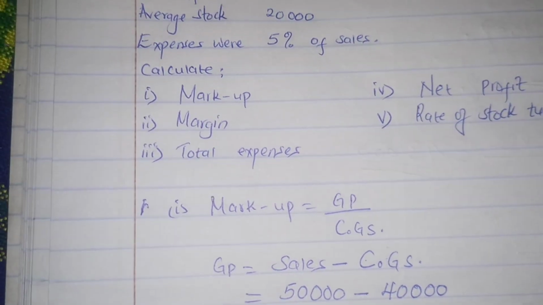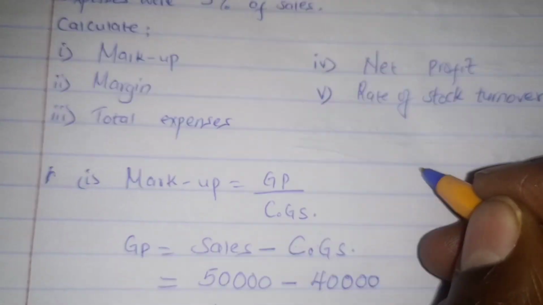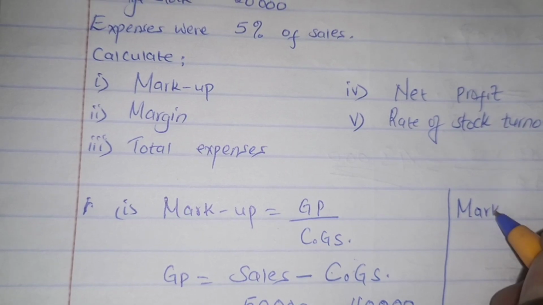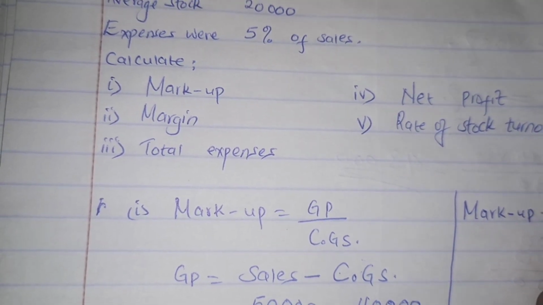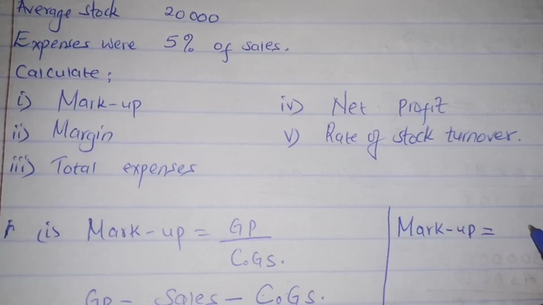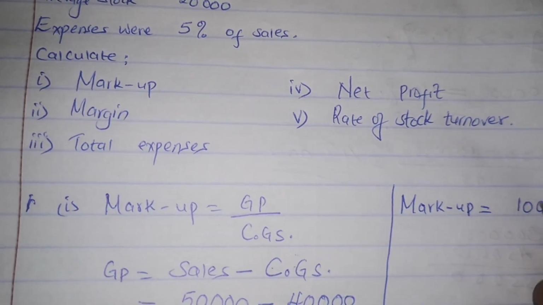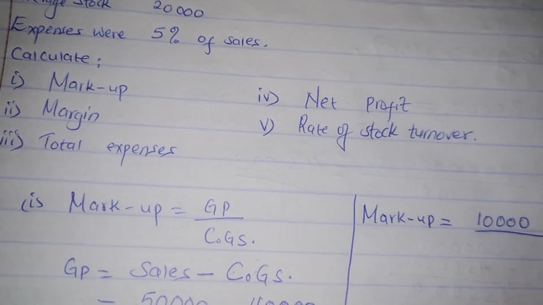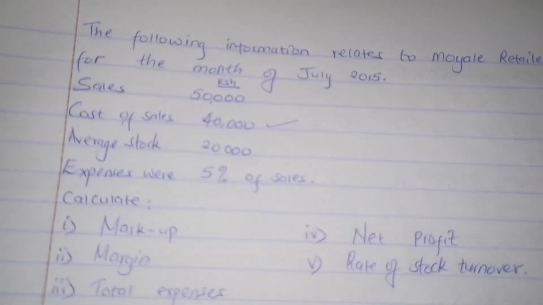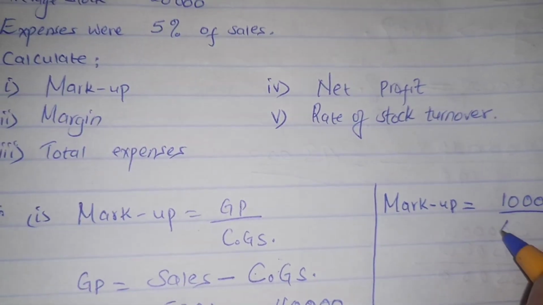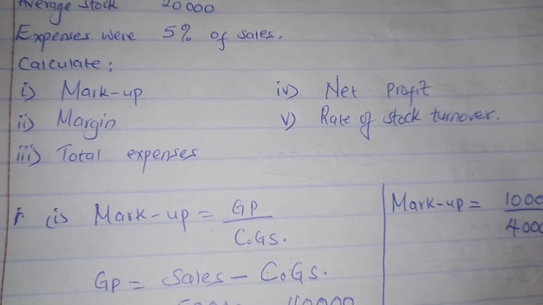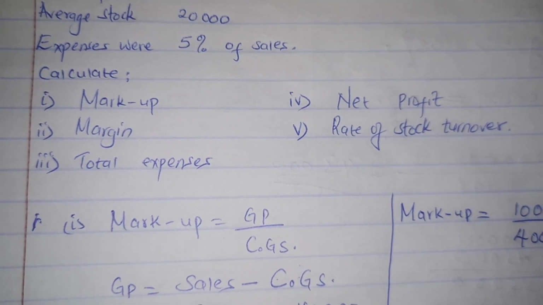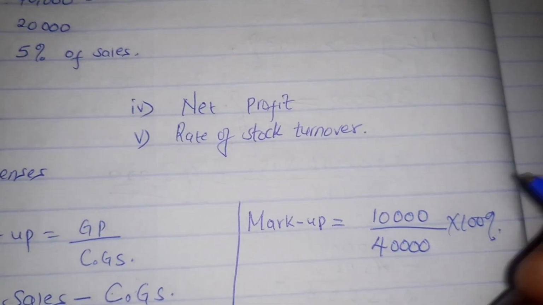To give us a gross profit of 10,000, meaning that our markup is equal to the gross profit, which is 10,000, we've just calculated that, divided by the cost of sales, or cost of goods sold, yes, 40,000, and we can multiply by 100 to make it a percentage.